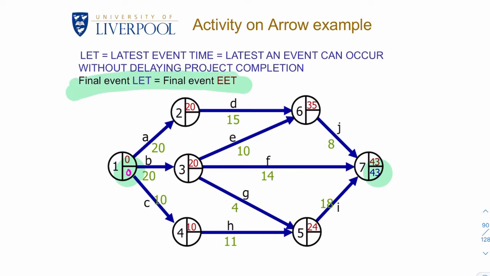So your LET here, your latest time, will equal your EET. Okay, these are the same. But that's only for your final level. This is for our final event. Now we need to go backwards and say, well, what goes in there and what goes in there?